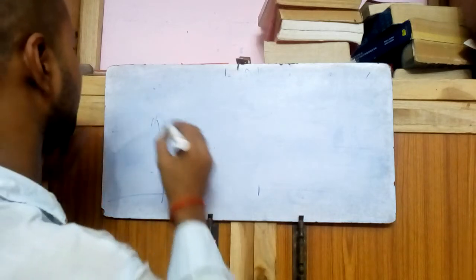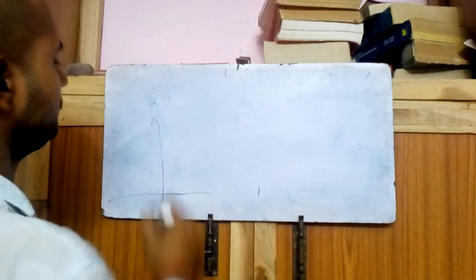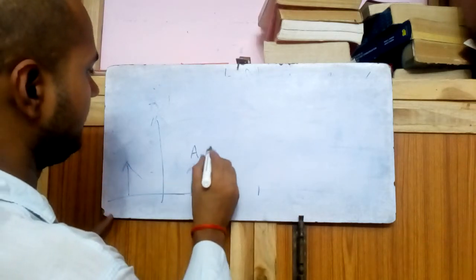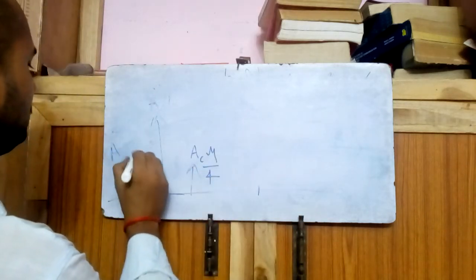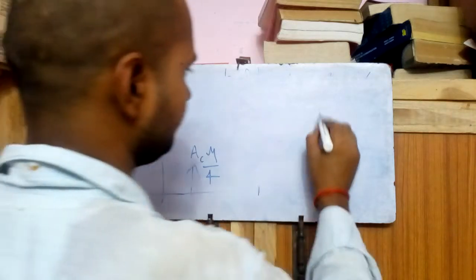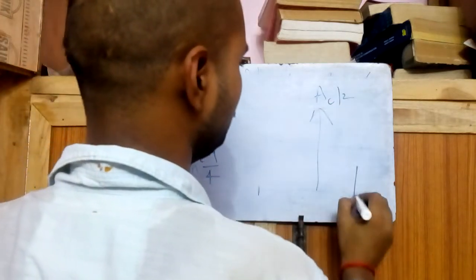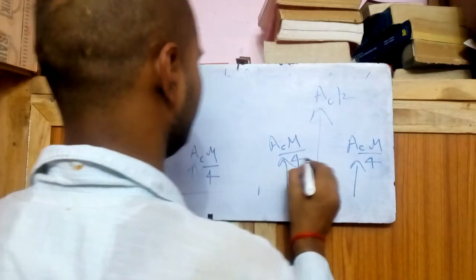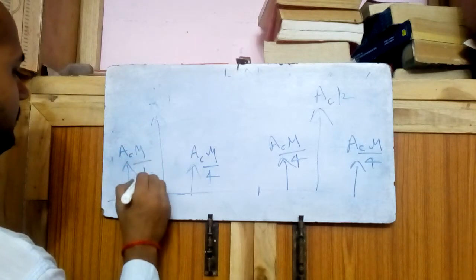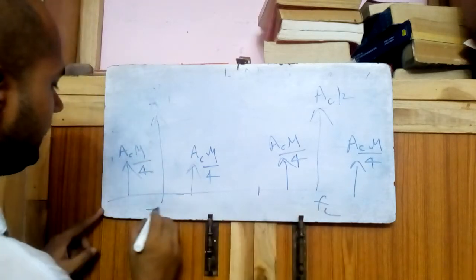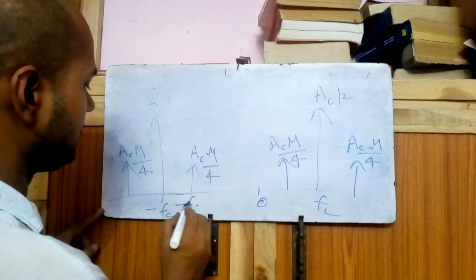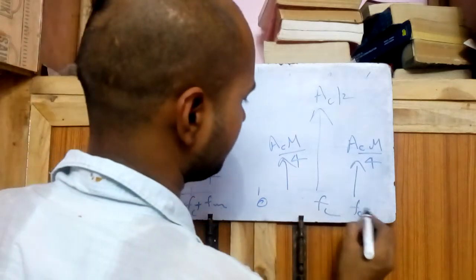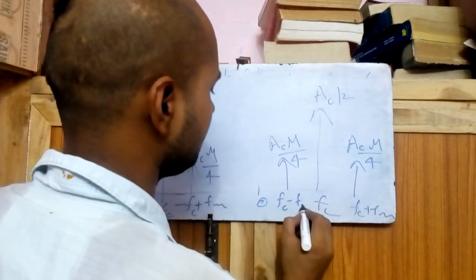This is the carrier component, Ac by 2, and Ac mu by 4, same, Ac by 2, Ac mu by 4, at plus fc, minus fc, minus fc plus fm, minus fc minus fm, fc plus fm, and fc minus fm.